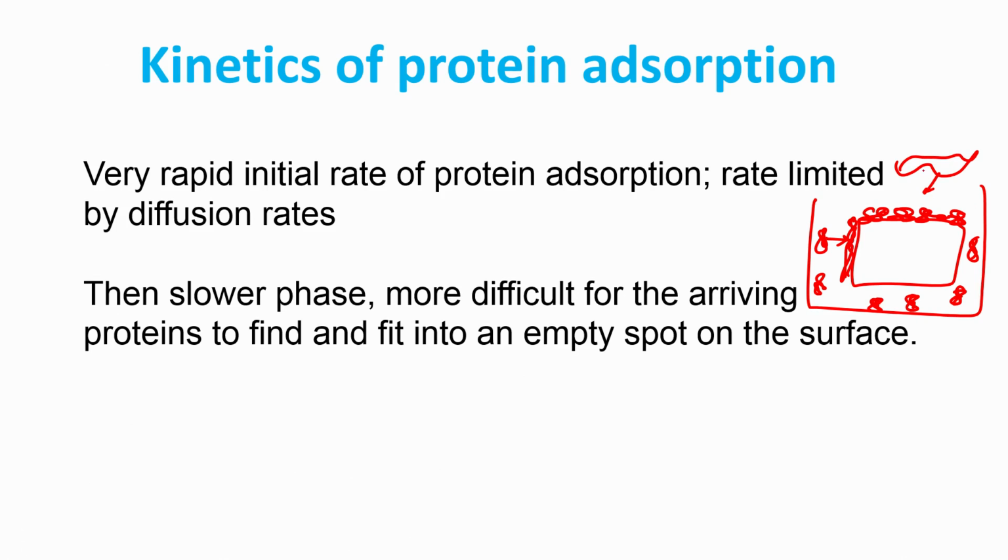But then this particular protein which is arriving late, or in the slower phase, will have to either remove these proteins from the surface, or will not be able to interact with the surface directly, and will have to interact with the already coated layer. So, they will find the empty slots. Maybe these proteins are large and there is a small protein that can diffuse into these empty slots. So, those will be able to go in, but eventually all of the surface will be covered fairly rapidly, and it will be very difficult for any further protein to come and interact with it.